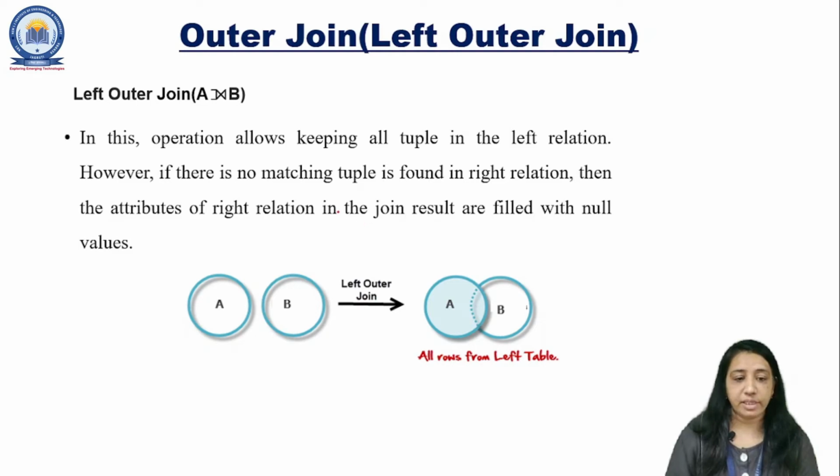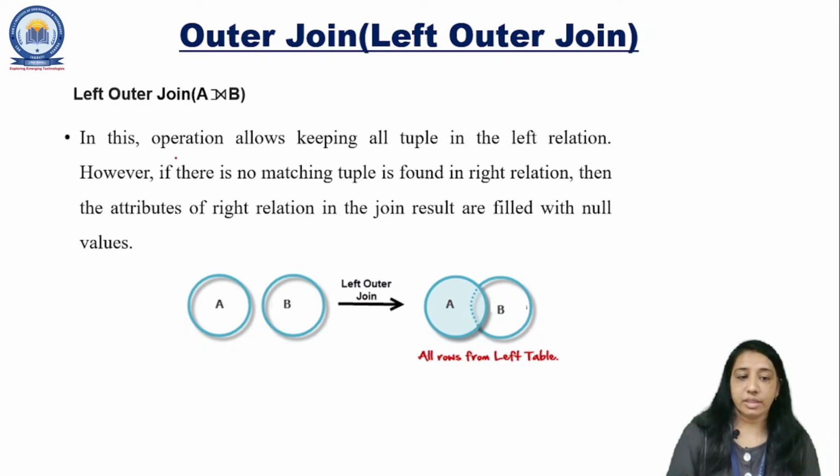Now what happened here? Suppose these are the two relations A and B. When we are going to do the join of that, whatever tuples are in the left side relation, all of them will be in the output.